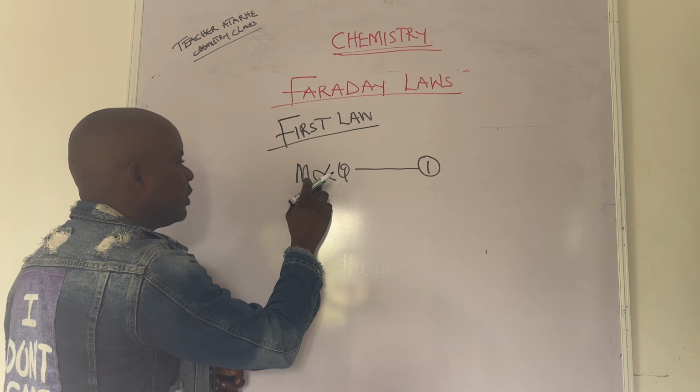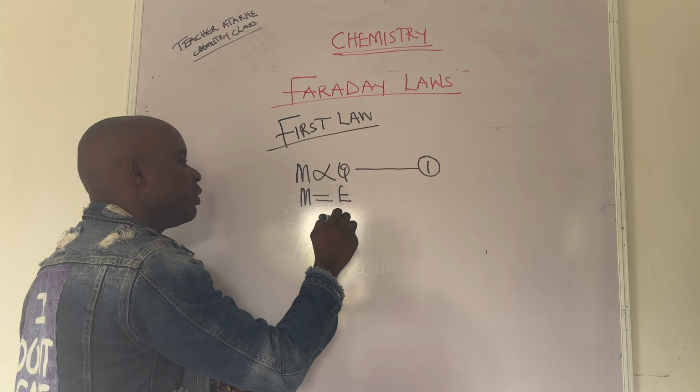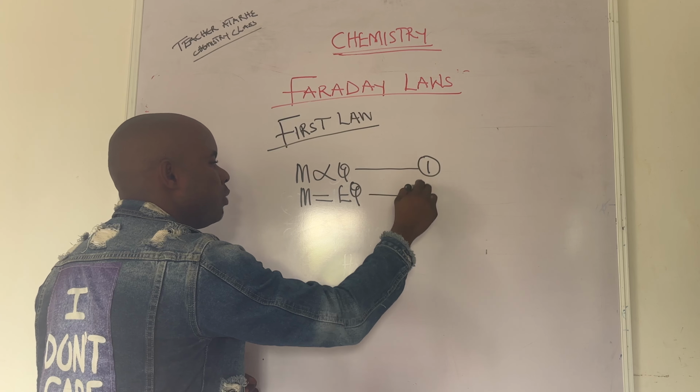To change the proportional sign, we say m is equal to, and we introduce a constant known as the electrochemical equivalent, Z times Q. Let's take this to be equation 2.